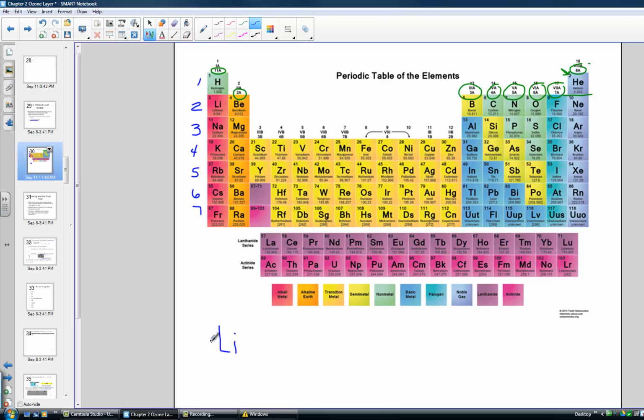I can put the dot on any side, it absolutely doesn't matter. Any element in this group, hydrogen, lithium, sodium, potassium, rubidium, cesium, or francium, has a Lewis dot structure that simply writes the symbol and the one valence electron, to represent how many electrons are available for bonding, the electrons in the outermost shell.